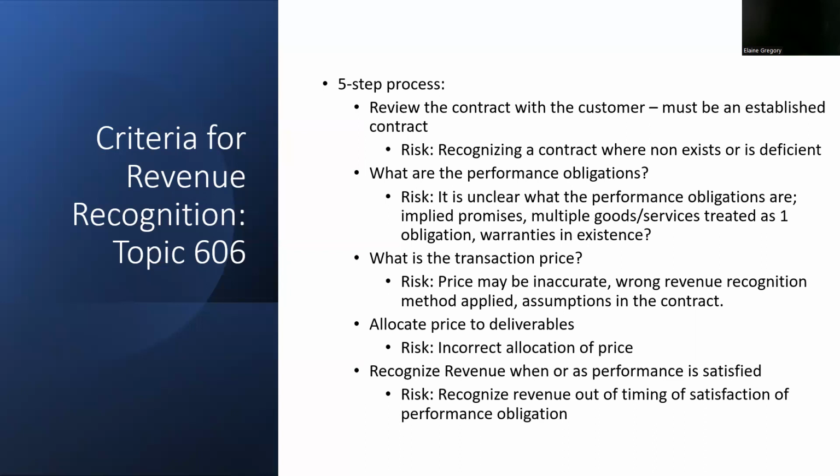Is it when a certain time period elapses? When substantially all of the contract is satisfied based on the customer? Or is it when title passes? So we need to think about the risks with each of these processes in revenue recognition in order to determine if we may have some additional testing we may have to be performing.